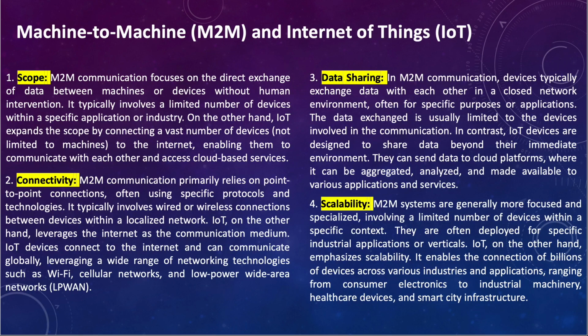Then we talked about the difference between Internet of Things and machine to machine. There's a difference in the scope, the data sharing, the amount of data being shared, connectivity, scalability, right? Because these are legacy systems, or heavy machinery produced for unique purposes, the scalability would be low.